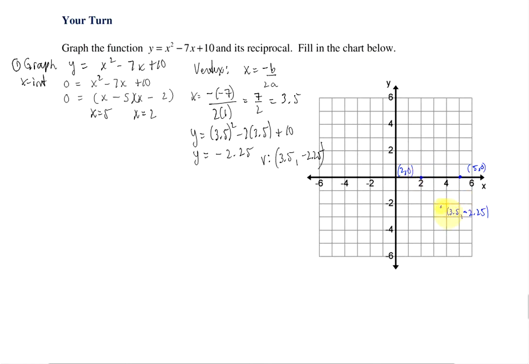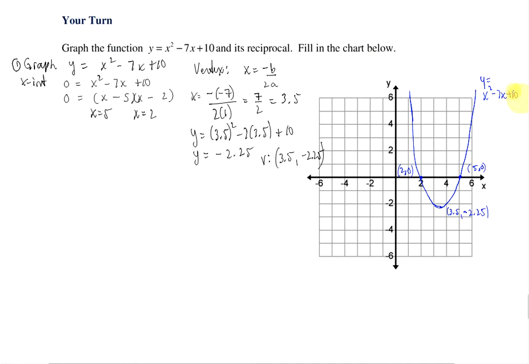Alright, and so we graph that in. And here is y equals x squared minus 7x plus 10.